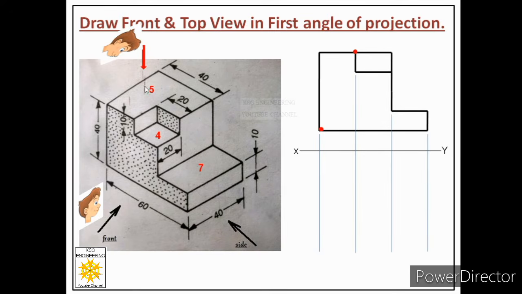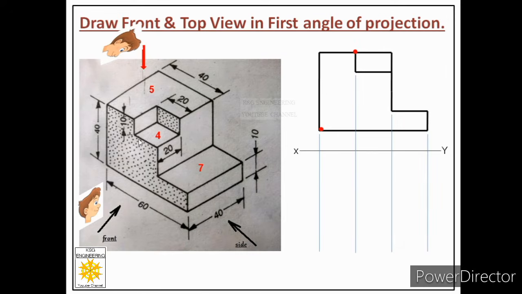Let us start with face 5. Remember, I'm again recalling that the direction is this. We are looking from this direction, but we are looking now from top. We have maintained this direction, we are looking from top. So this is the length dimension, this is the width dimension. So in face number 5, there is no height dimension. It means this face will be visible from top.